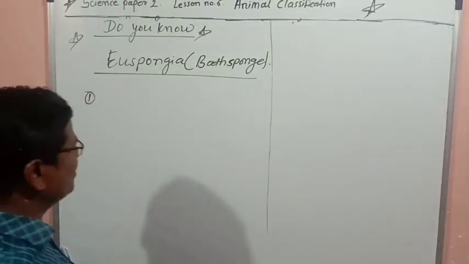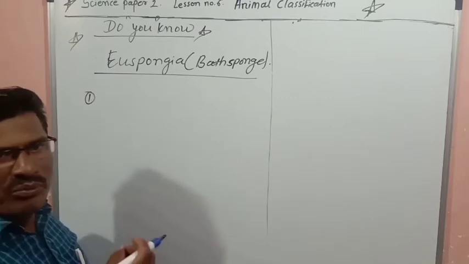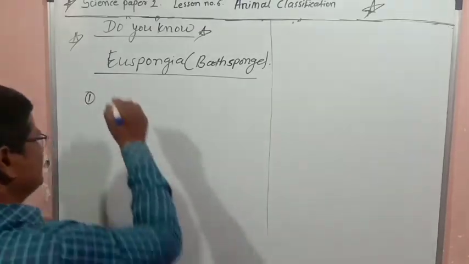So the points are these. First point: black colored, round shaped animal.